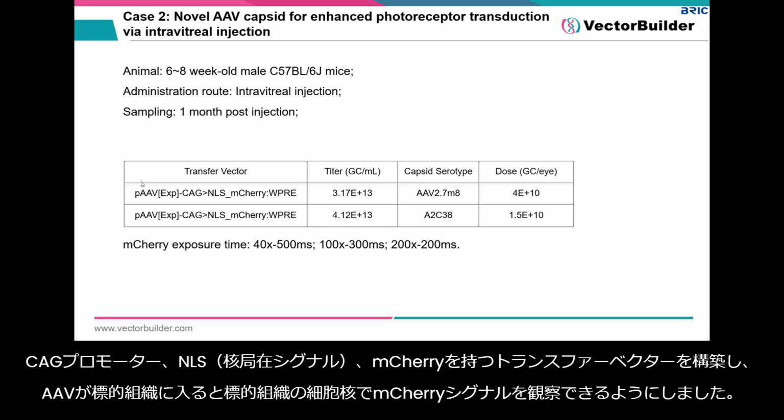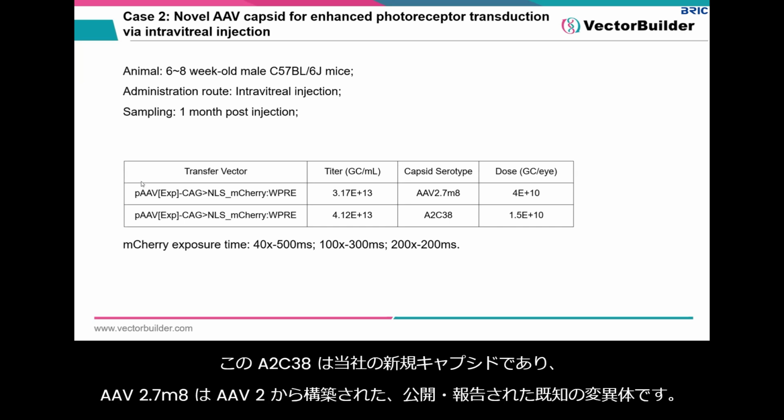We constructed a CAG NLS mCherry transfer vector to let us know that when the AAV has successfully entered the target tissues, we can observe the mCherry signals in the cell nucleus of the target tissues. So this A2C38 is our novel capsid, and this AAV2.7M8 is the published mutant constructed from AAV2.